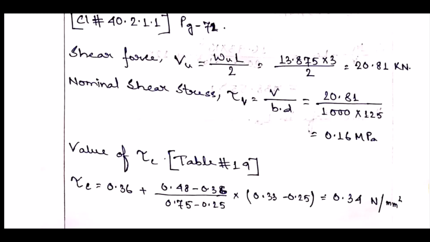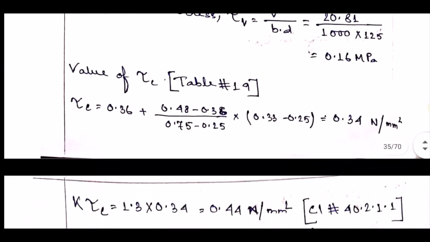When you note this down, you should write in your notebook that this will not be 0.75, this will be (0.5 minus 0.25) into (0.33 minus 0.25), that will be equal to 0.34 Newton per millimeter square or MPa.